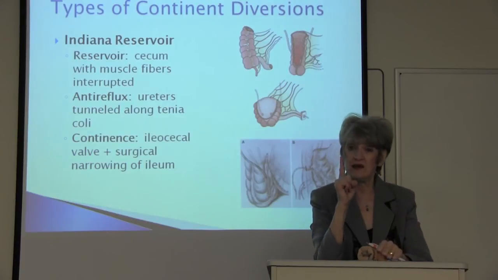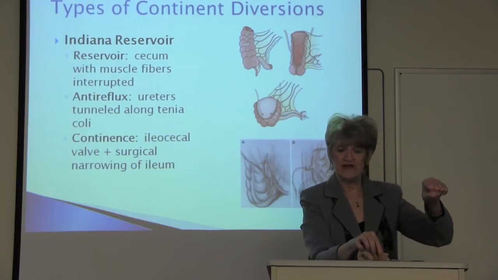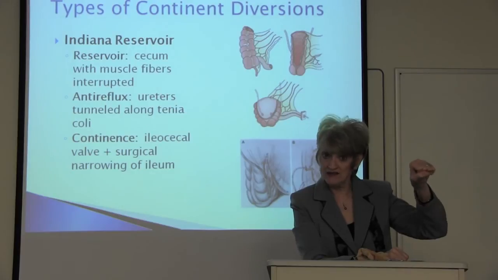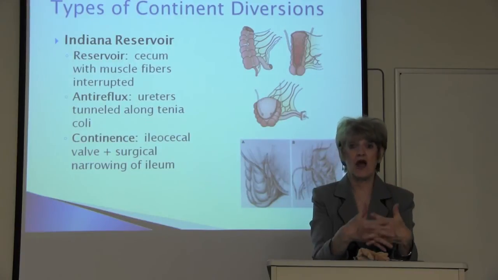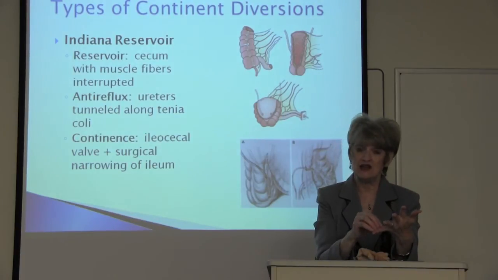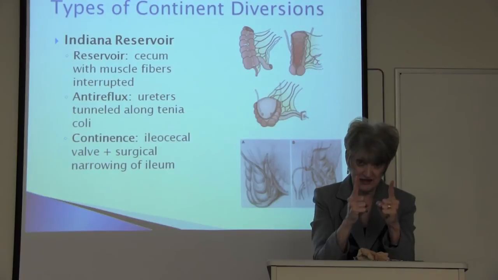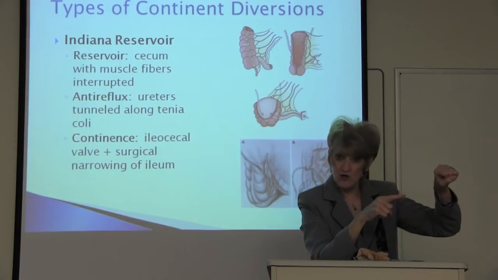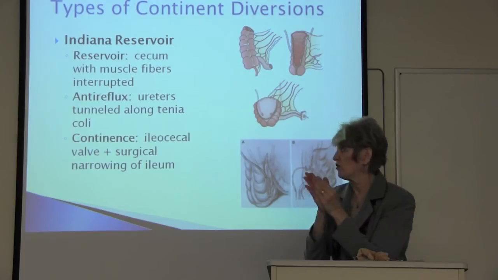So you take the ileum from a 1-inch structure to about a 1/4-inch structure, which means you create a very narrow hallway, a tight sleeve. And at the end of that narrow hallway, you have the ileocecal valve. So continence is provided by a combination of that naturally occurring valve and surgical tapering of that ileal sleeve. So you have a narrow channel, a narrow hallway, and a swinging door at the end.